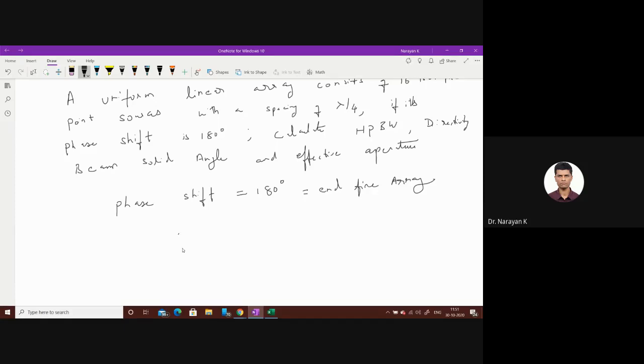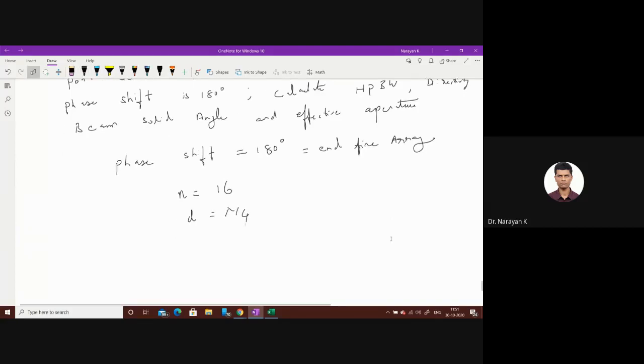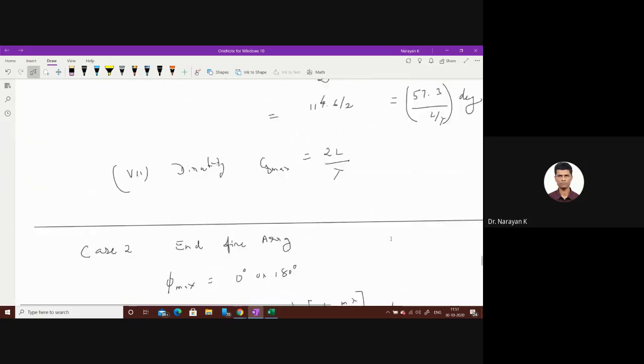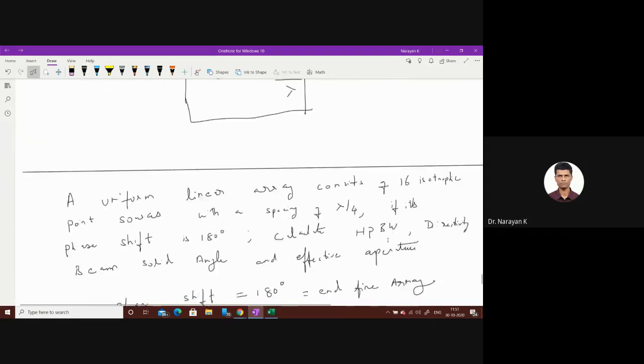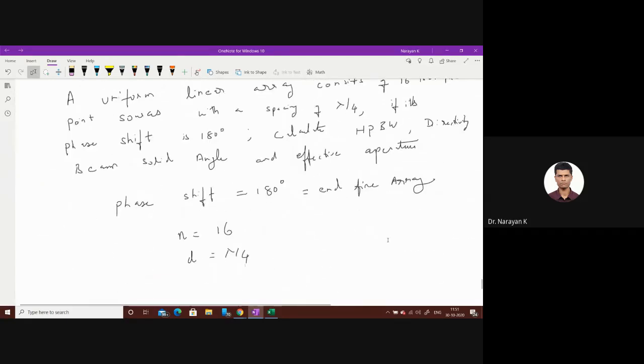How many elements are there? N is equal to 16. What is d? Lambda by 4. So what will be the length of the array? If the number of elements is very small, it will be equal to Nd.